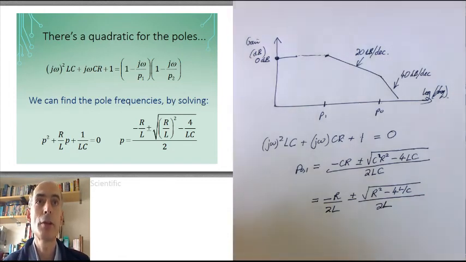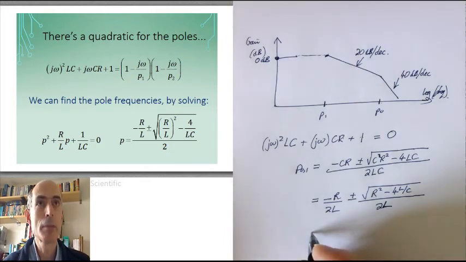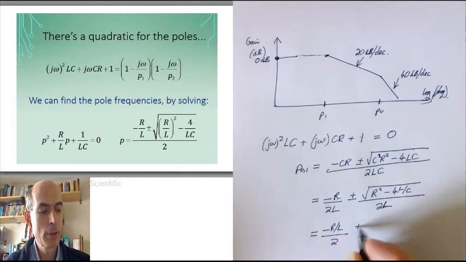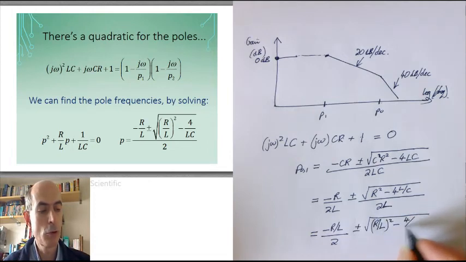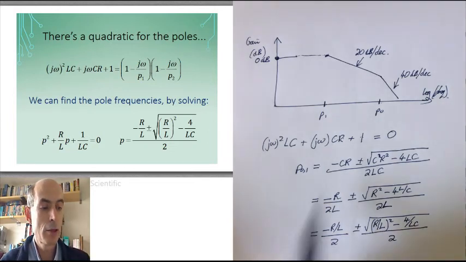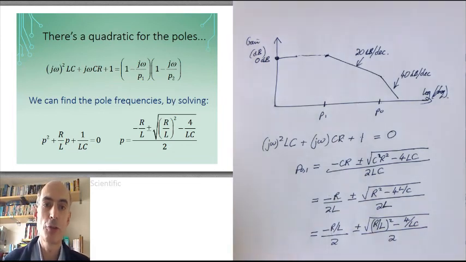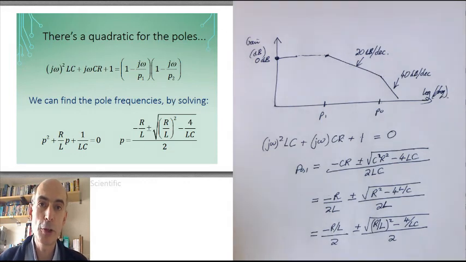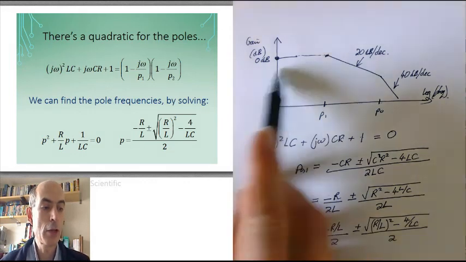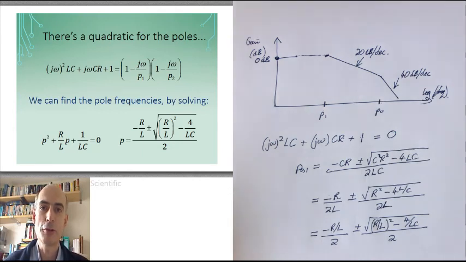As I've done on the slide, I could go one stage further and divide top and bottom by L as well, and that would give me minus R over L over 2 plus or minus the square root of R over L all squared minus 4 over LC, all over 2. Doesn't really matter. Once you plug in the numbers, you'll get the same results. That will tell you the pole frequencies. The modulus of the pole frequencies is the break frequencies, and then you can sketch out the Bode approximation.